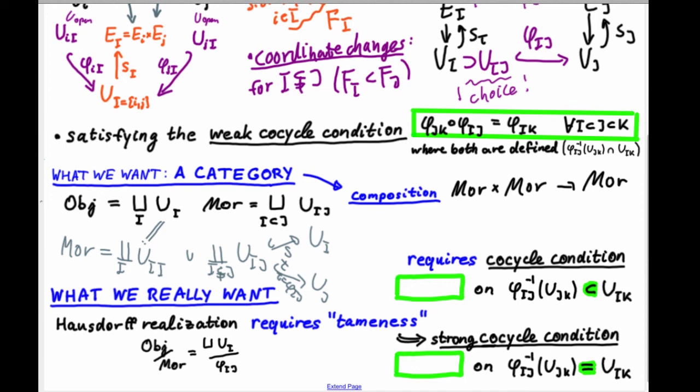Somehow I have a situation where, let me try to get this right. There's a U_ij, this is my first piece of morphism space, that gets embedded into U_j, but then there's just an open subset of U_j, that's U_jk, that gets embedded into U_k.